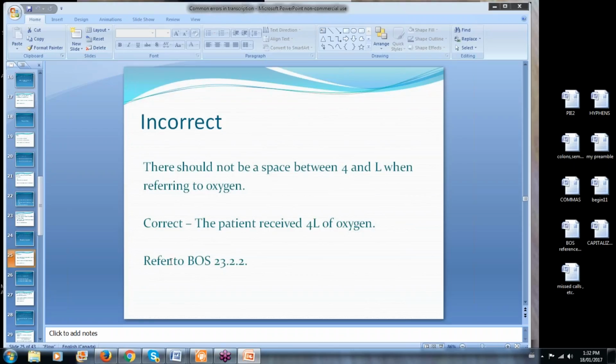You can check that out in your book of style 23.2.2, and it'll explain that you only transcribe it this way when it refers to oxygen. If they said the patient received 4 liters of saline, then there would be a space.